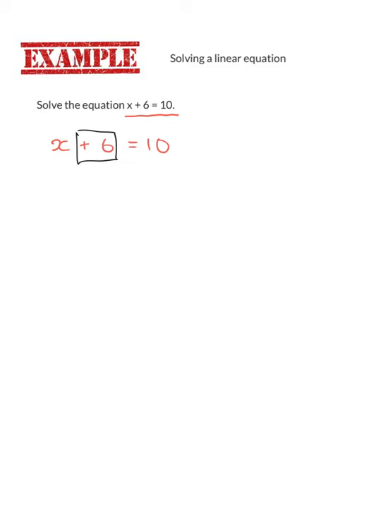The inverse of plus is minus, so we take 6. Whatever we do to one side of the equal sign, we need to do to the other. These ones cancel out, and we're left with x equals 10 minus 6 is 4. We've got our x on its own, so we have solved that linear equation and we know that x equals 4. Nice.